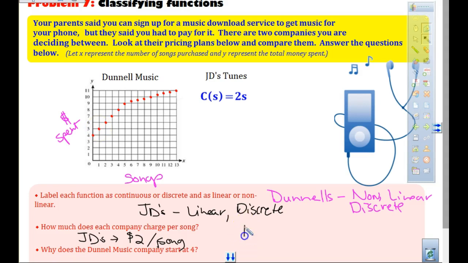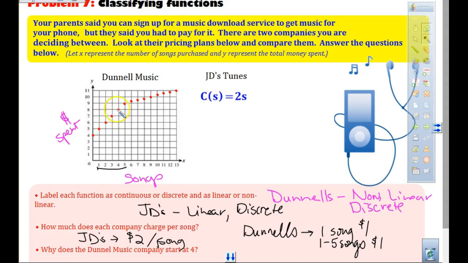So for Danelle's, one song, you pay $1. And then for each song, from 1 to 5 songs, you are paying how much for each song? $1, right? It goes up by $1 each time.